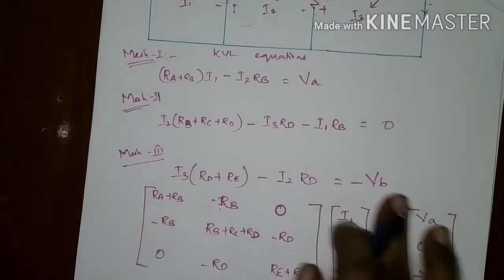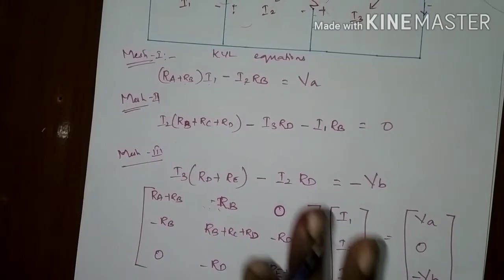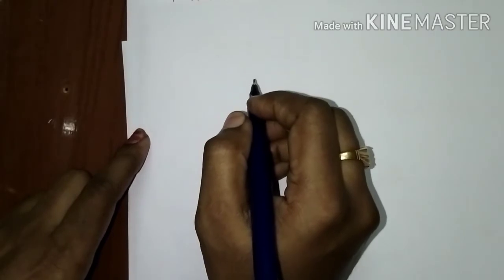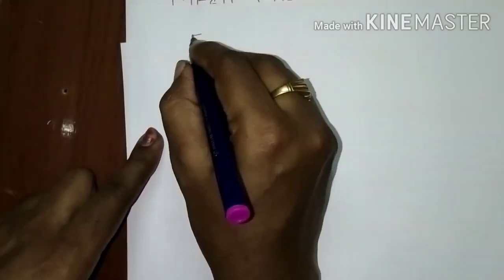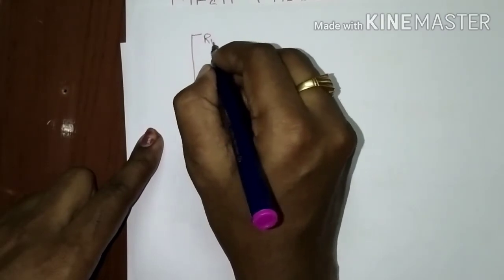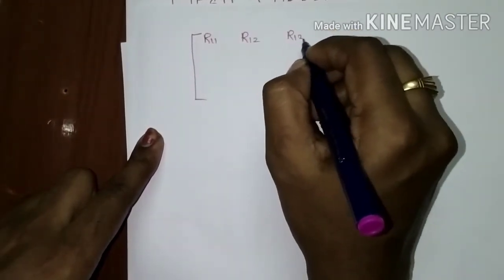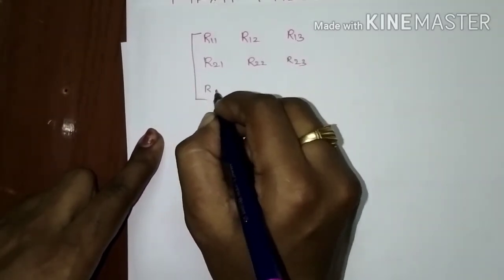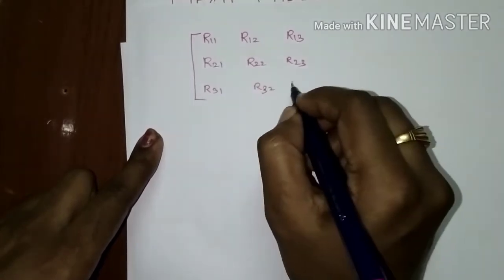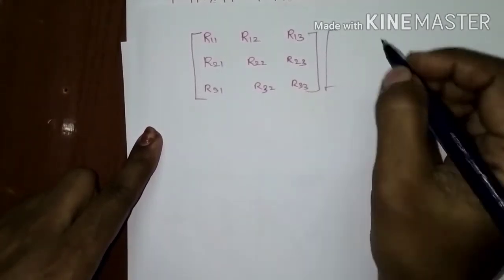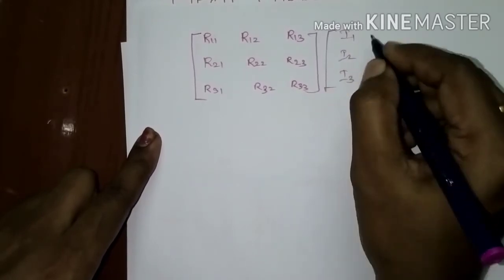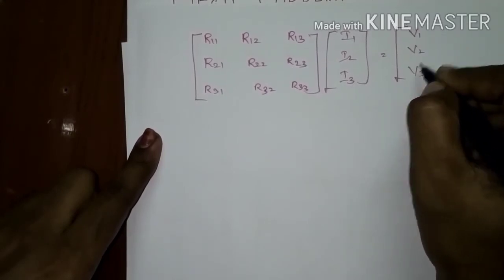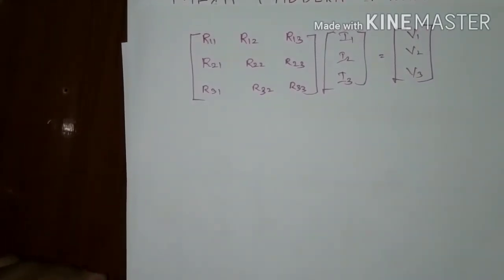Okay, this is the determinant form of the three meshes present in the circuit. Generally, we can write the 3 cross 3 matrix form of Ohm's law with R11, R12, R13, R21, R22, R23, R31, R32, R33, multiplied by I1, I2, I3, the currents flowing through the 3 meshes, which is equal to V1, V2, V3, the voltages supplied for the 3 meshes.